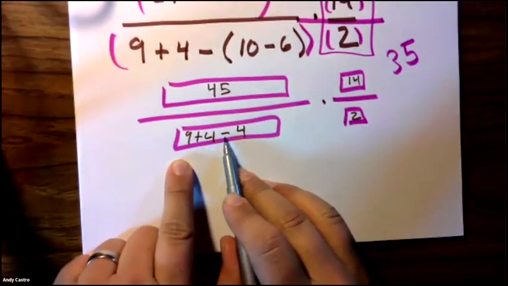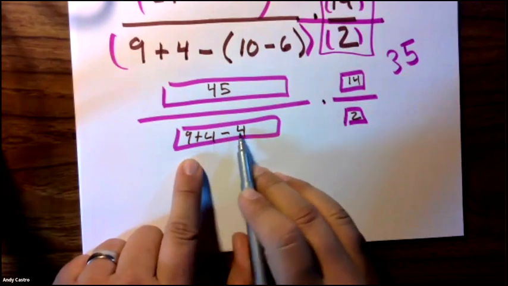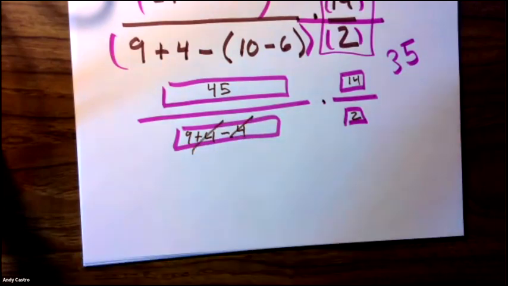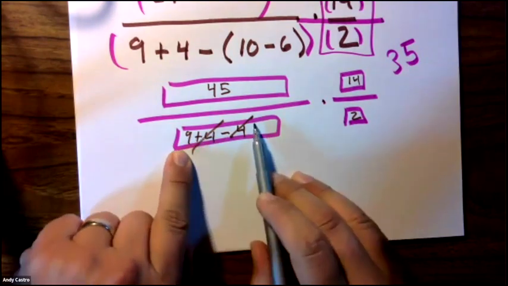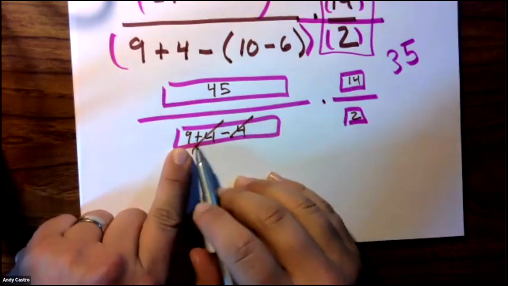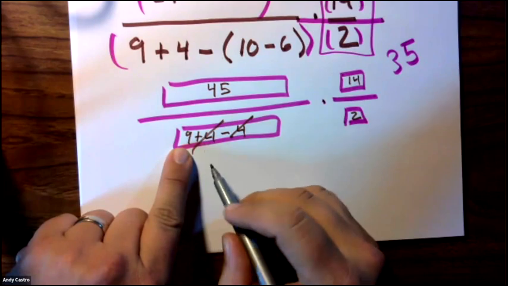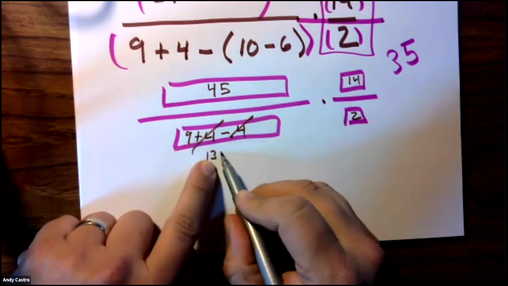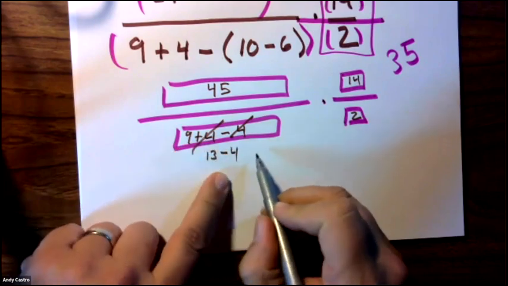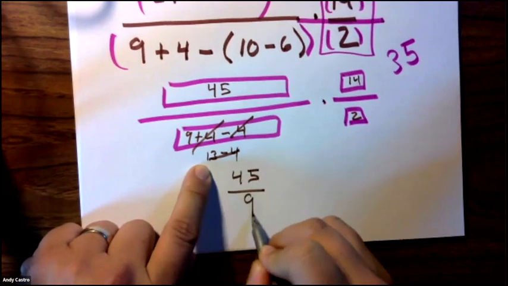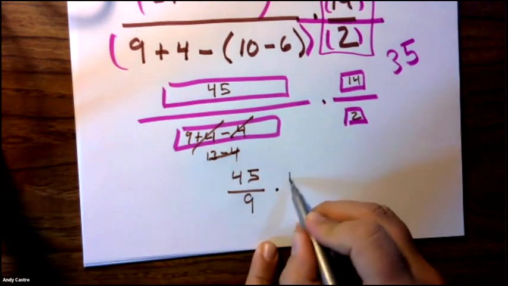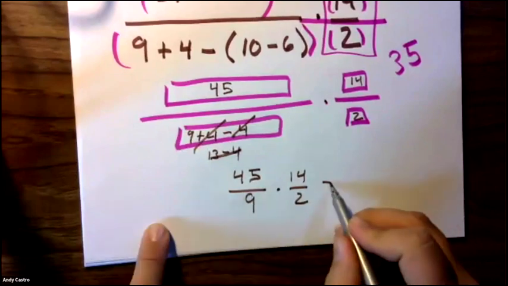So 9 plus 4 minus 4. Anytime I have a plus 4 minus 4, I can actually just get rid of that. But obviously I need to do this in the correct order, which is left to right. But 9 plus 4 is going to give me 13. Minus 4 is going to give me 9 again. So this is going to give me 45 over 9 times 14 over 2.